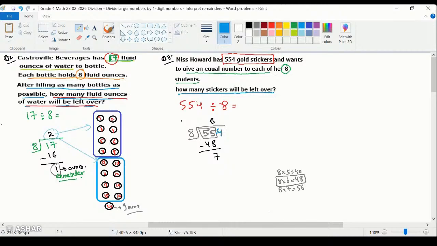Right? Let's continue with the table. 8 times 8 was 64. 8 times 9 is 72. And 8 times 10 was 80. We cannot do 80, therefore we do 72. 8 times 9 is 72. 74 minus 72 would be 2 as the remainder.